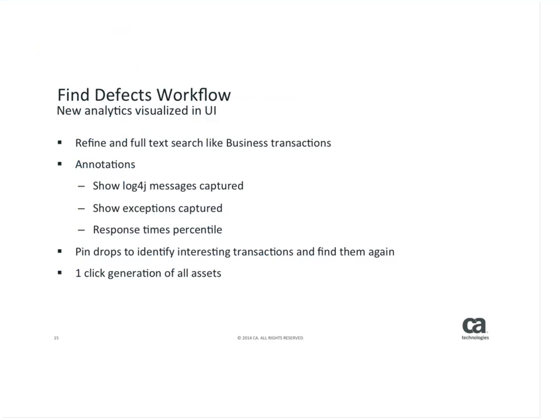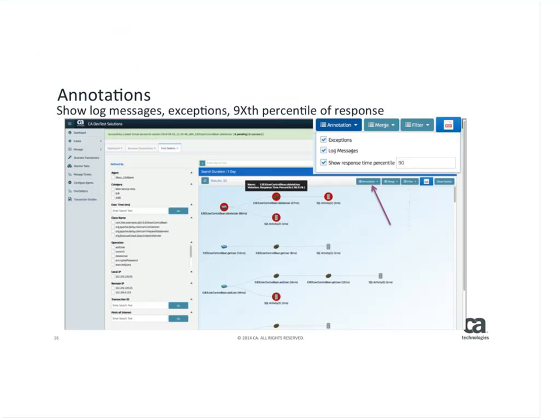Okay? And then once you find something interesting, you can drop a pin like on a map and identify it and then consider that a point of interest to look at later. And then you could also generate the assets around it, say if it's something you find problematic or you want to recreate locally on your desktop itself. So the annotations are our ability to color and show you what's happening behind the scenes based on the data we observed in the agents.